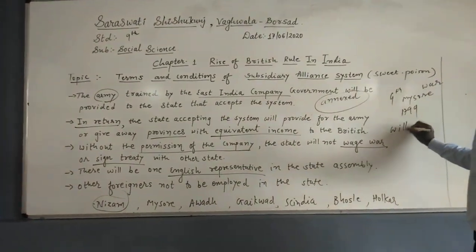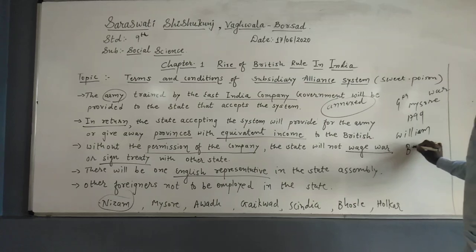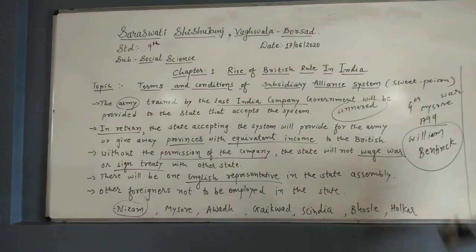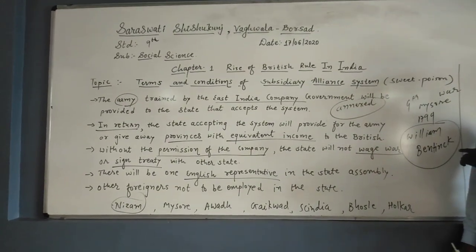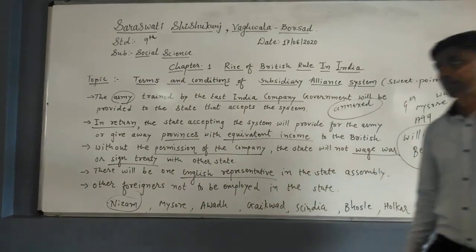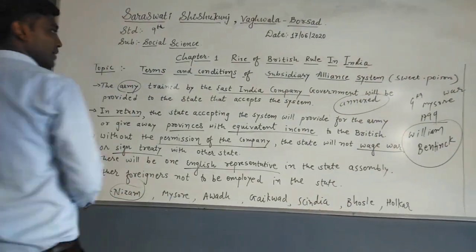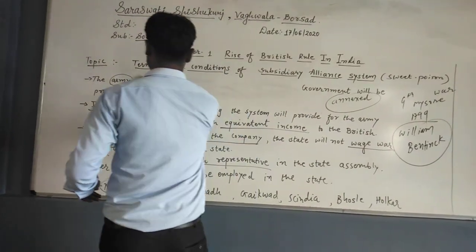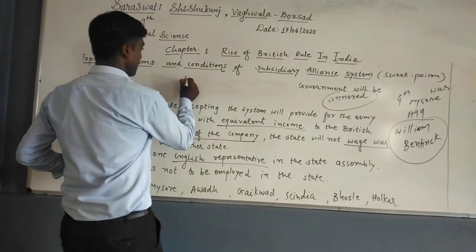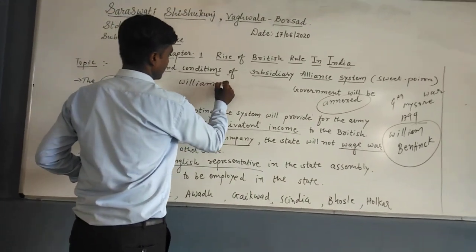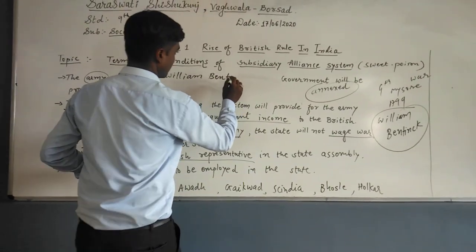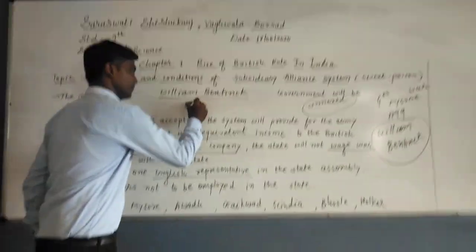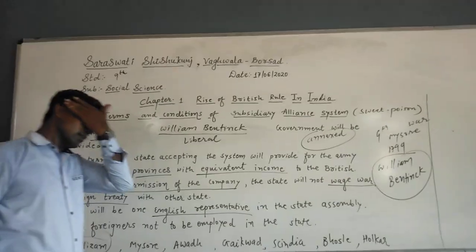William Bentinck is known as the Liberal Governor General. Why was he known as the Liberal Governor General?